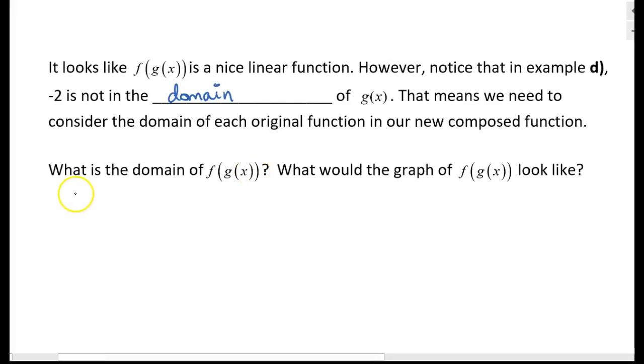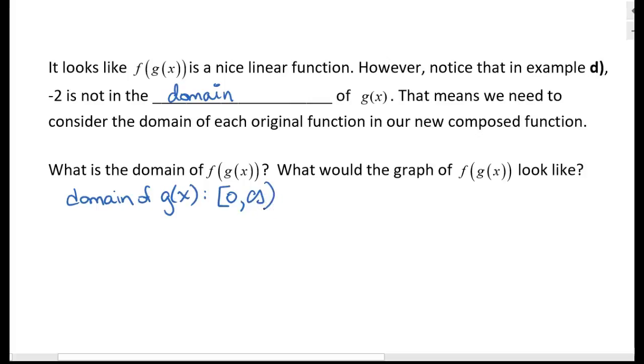Well, the domain of g of x is that x has to be greater than or equal to 0. So it starts at 0 and it goes all the way to infinity.